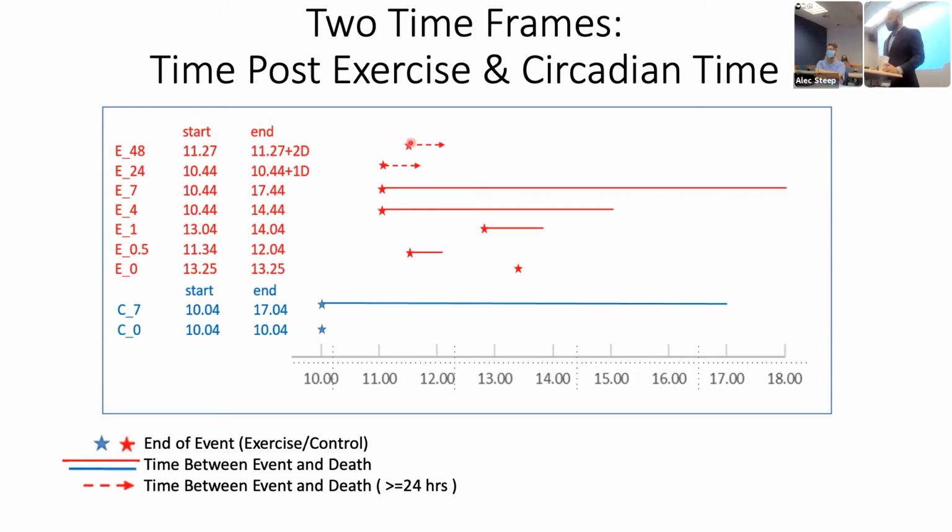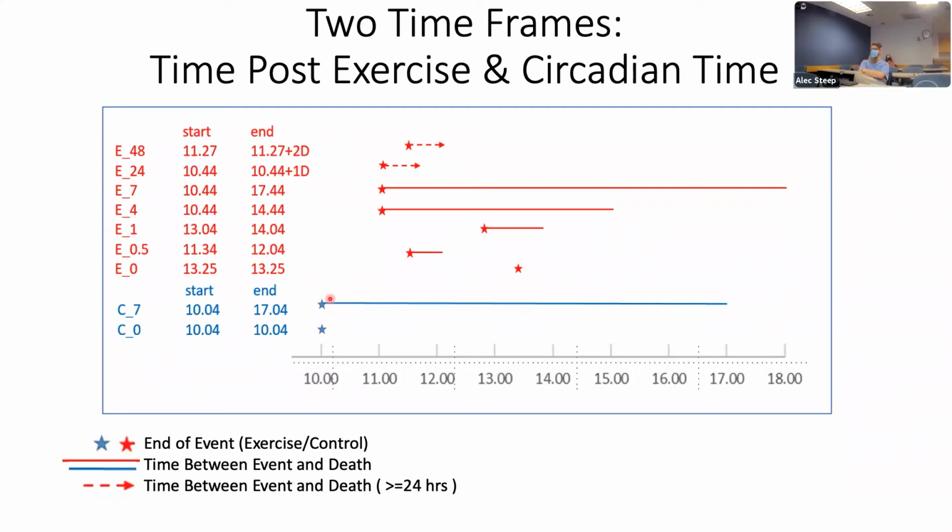This is visualized here. These red stars represent the end of the exercise bout, and the lines attached to those stars, and the very end of those lines, represent the time between exercise bout and sacrifice. Sacrifice, of course, being at the end of these lines. Now, the control groups didn't undergo exercise, but let's just call those control events.